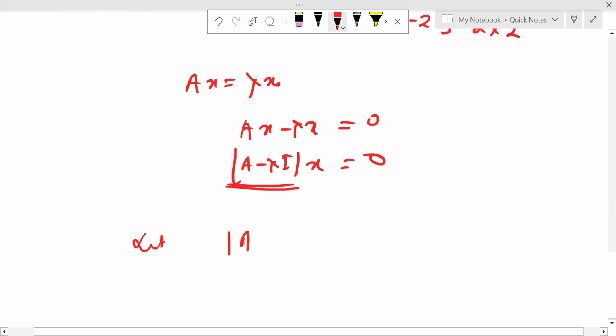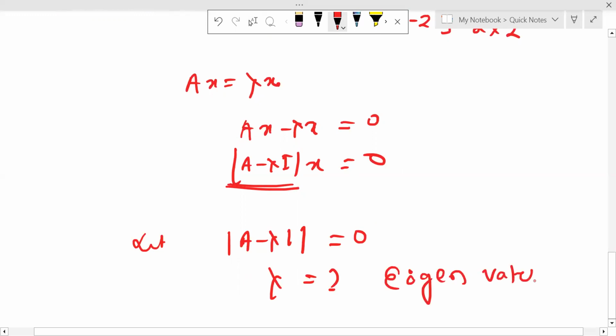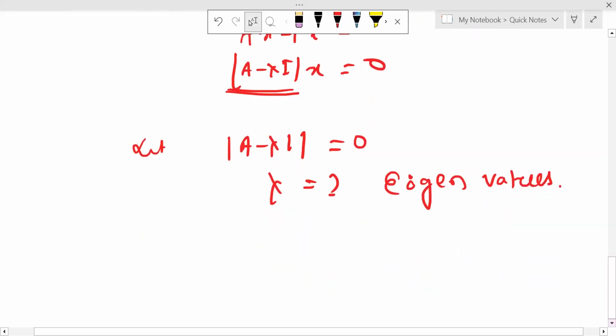Let determinant of A minus lambda I be 0. Then the values of lambda are called eigenvalues. Just one example I have taken here.